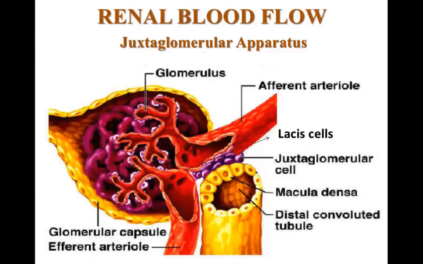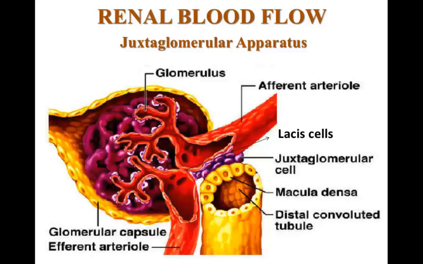It lies in the very beginning of the distal convoluted tubule, in contact with afferent and efferent arterioles, as well as juxtaglomerular cells. Now, do you want to know what they do? Well, they act as chemoreceptors, stimulated when sodium chloride load is low.